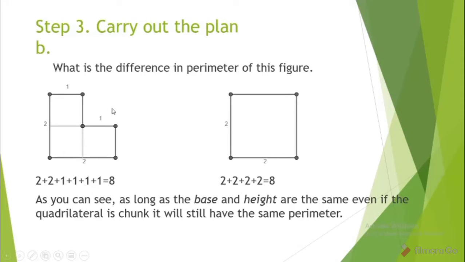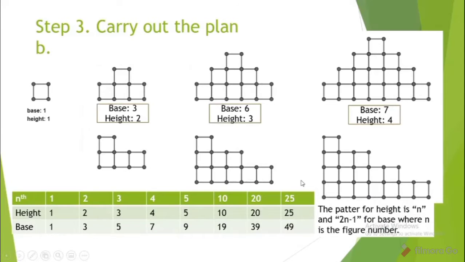So, sa ganong figure, kahit naman nabawasan siya, ang perimeter nila ay same pa din. So, by following this logic, we can see that this figure, the second figure, has base 3 and height 3, and has the same perimeter as a rectangle that has length of 3 and width of 2.